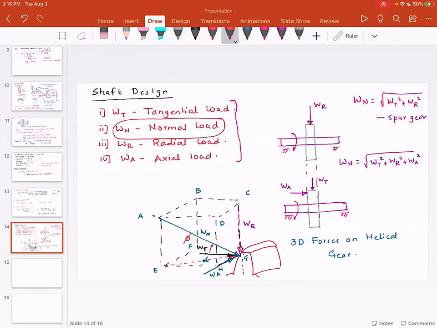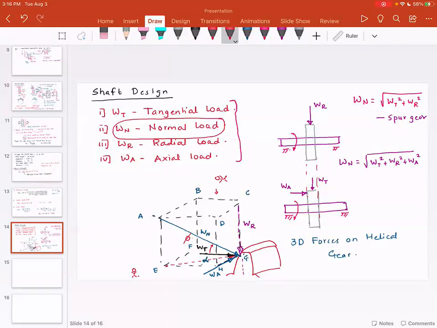So you have helix angle, and to see the helix angle, you need to look from the top. So you need to look from here, and then you will see the helix angle. If you want to see the pressure angle, you will have to see from here.